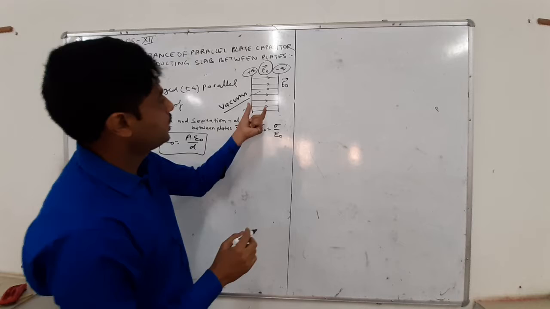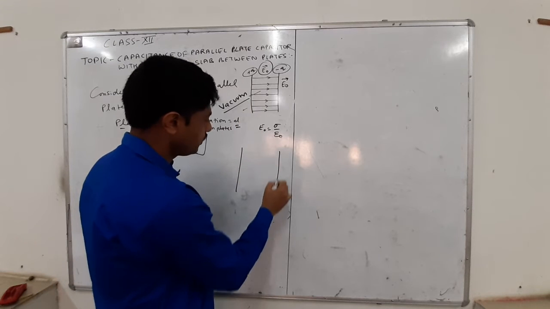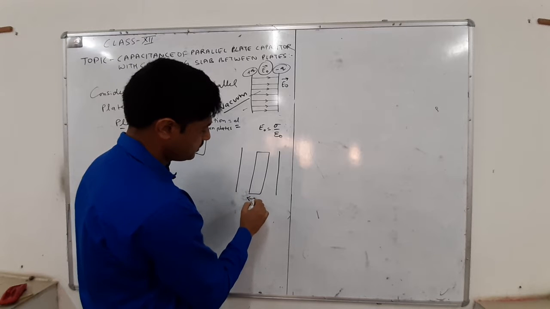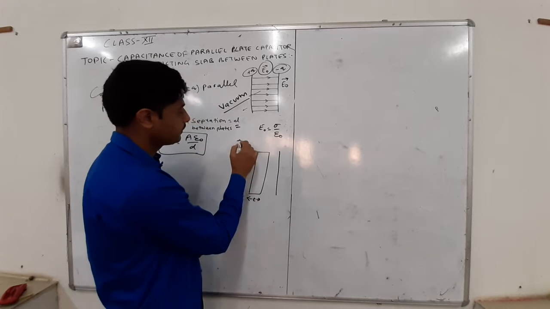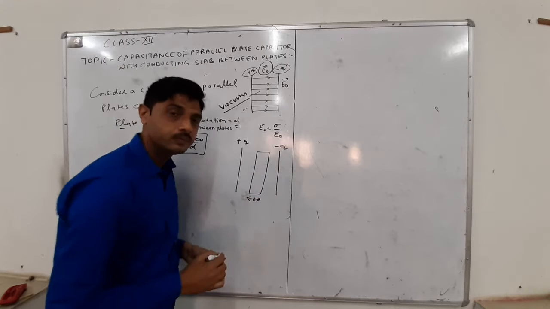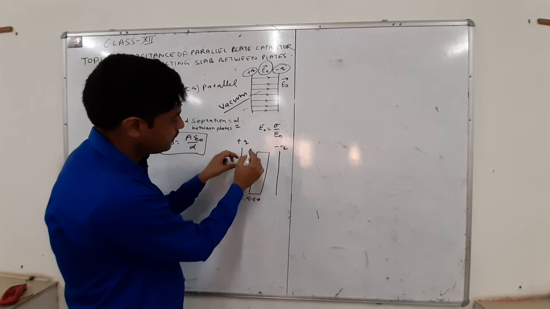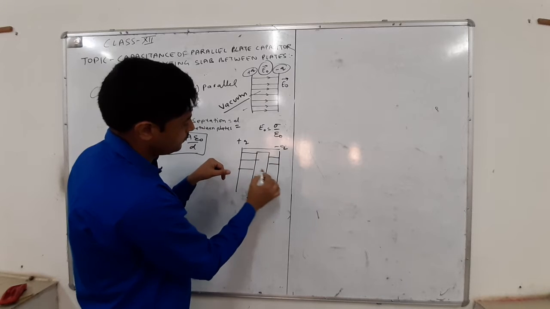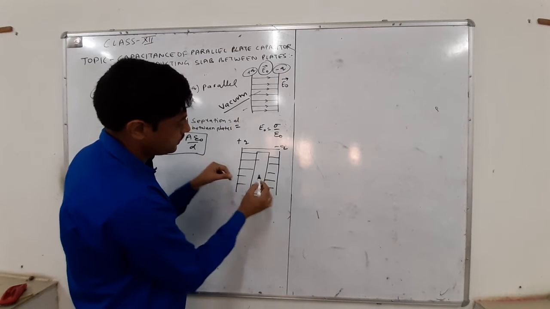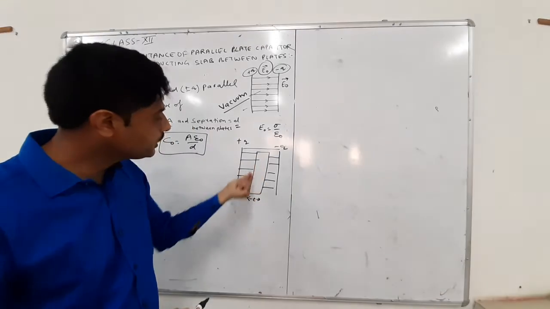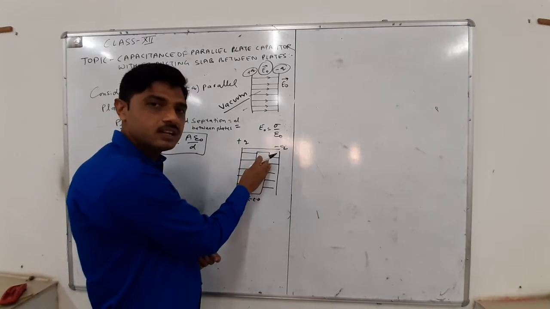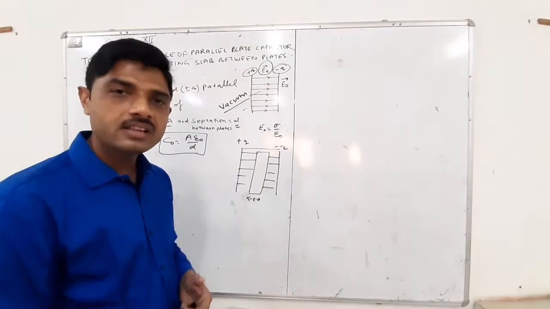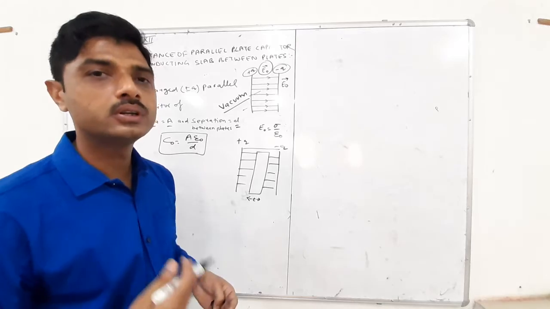But when a conducting slab of thickness T is placed between the plates, the free electrons move inside the conducting slab, so the electric field intensity inside the slab reduces to 0.